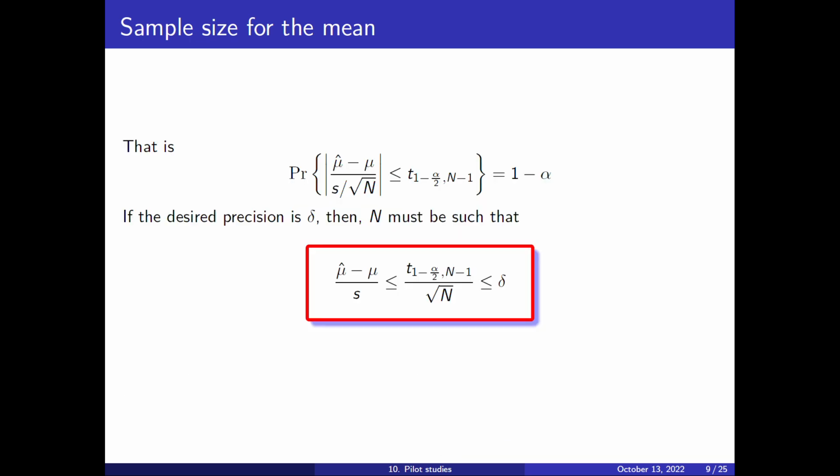So again, you construct your confidence interval, and from there you can construct the right side, so you can infer what the sample size is. The right side determines the precision. This is delta. You want this to be smaller than delta, and then you have an equation for n.